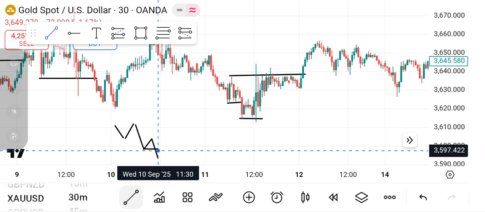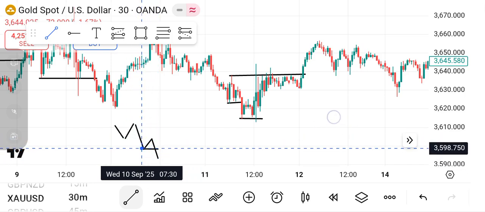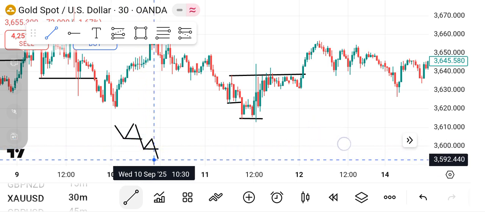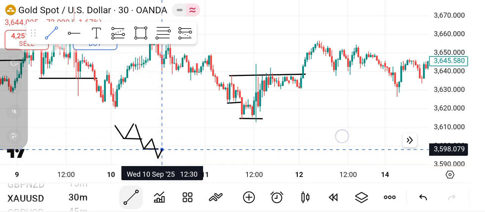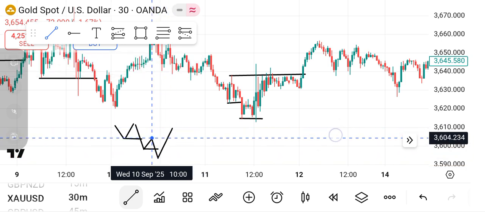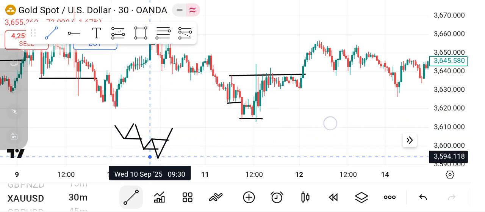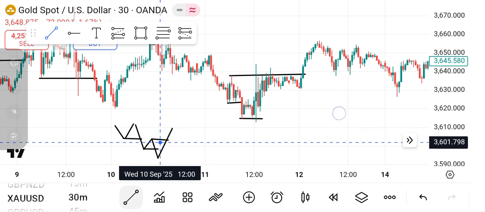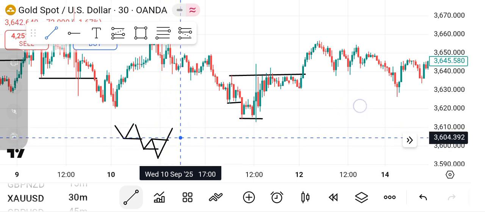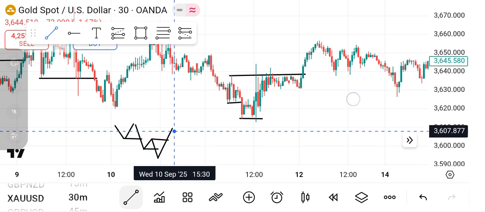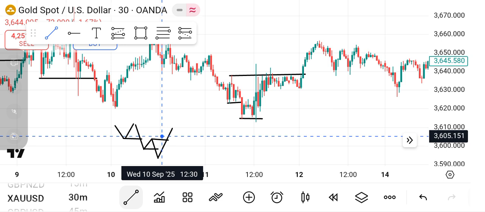But as long as you know how to identify a valid break of structure, you are good to go. So we have a sweep of this low. Then price came and did something like this, and broke this high with a candle body. Let's assume that this is the candle body. It broke this high with a candle body and not with a wick.